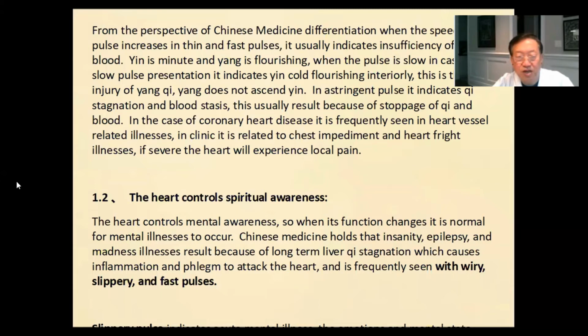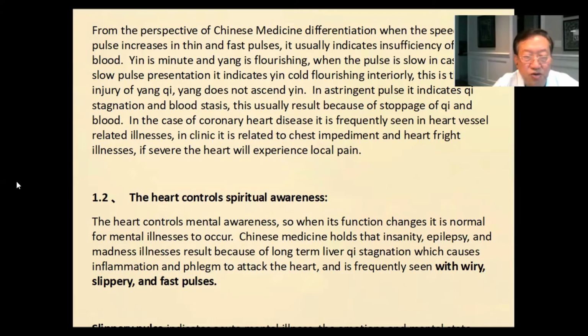In the case of coronary heart disease, it is frequently seen in heart vessel-related illnesses. In clinic, it is related to chest impediment and heart fright illnesses. If severe, the heart will experience local pain. 1.2. The heart controls spiritual awareness.